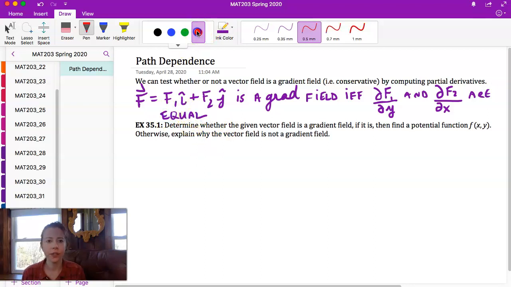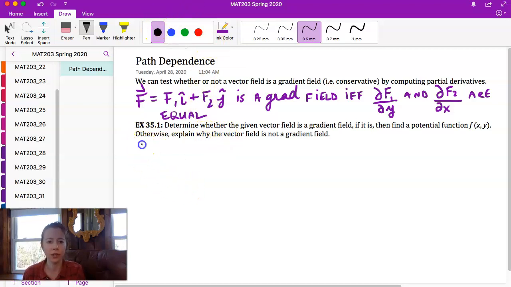So let's just start by jumping into an exercise. We are going to determine whether the given vector field is a gradient field. If it is, then we're going to find the potential function, f of x and y. Otherwise, we are going to explain why the vector field is not a gradient field.